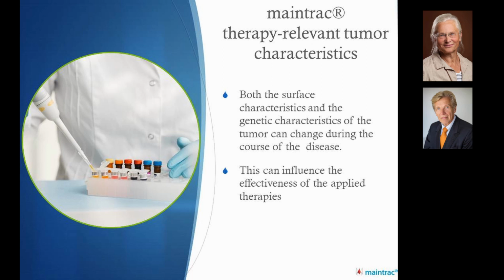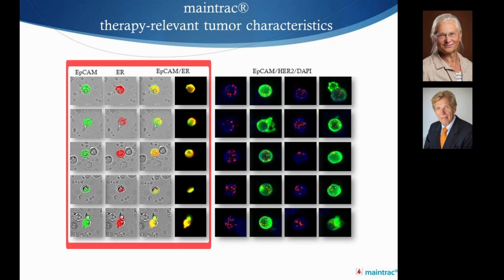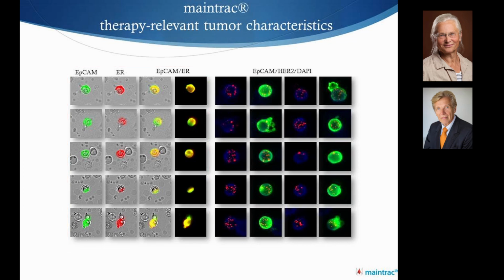The surface characteristics and the genetic characteristics of the tumor can also change during the course of disease. And this can influence the effectiveness of applied therapies like, for example, hormonal therapy. So this is an example of how the estrogen receptor can be tested in addition on these EpCAM circulating cells.